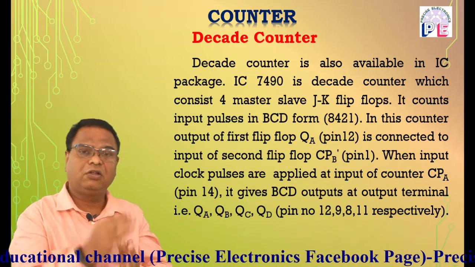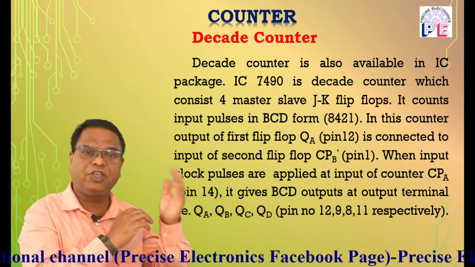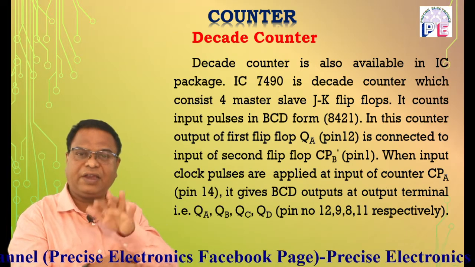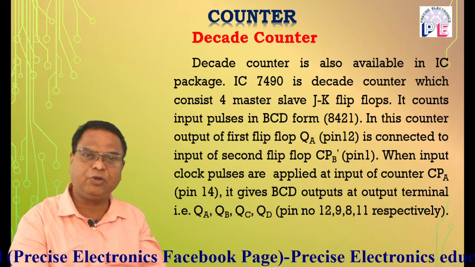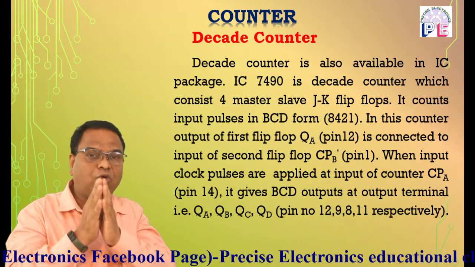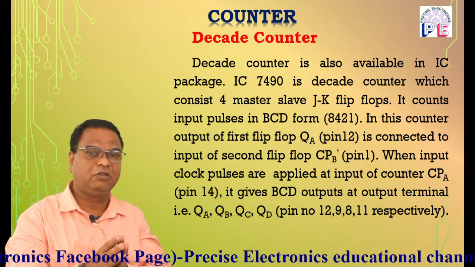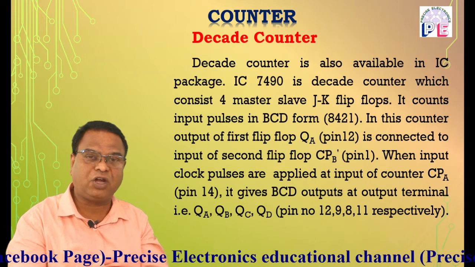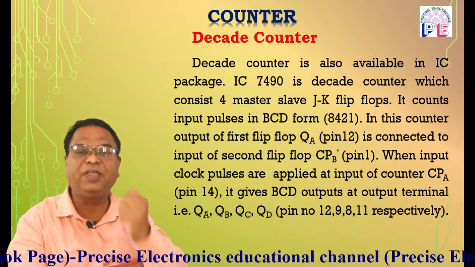In this IC, QA, QB, QC, QD are the outputs connected to pin numbers 12, 9, 8 and 11 respectively. So this IC counts the input clock pulses. It is able to count only 10 pulses, but the output of this counter is in the form of a BCD number.